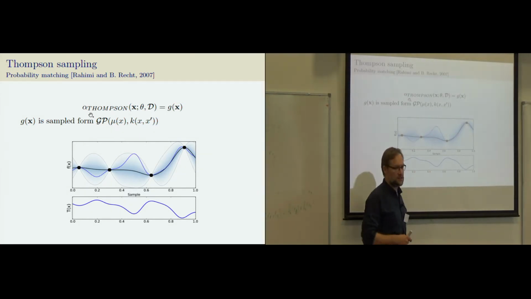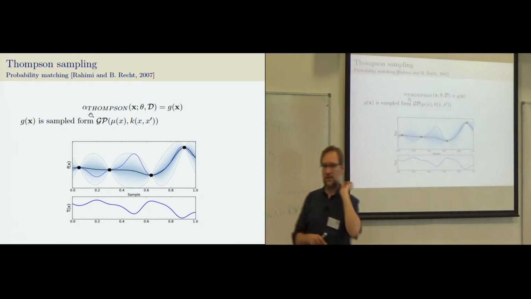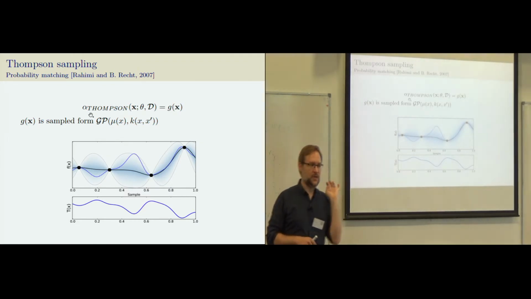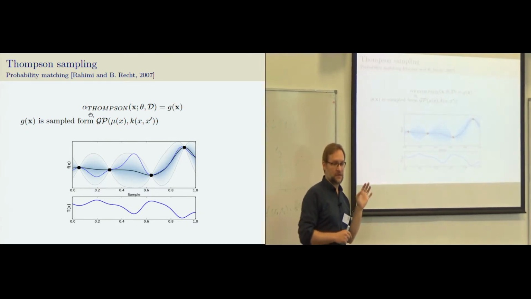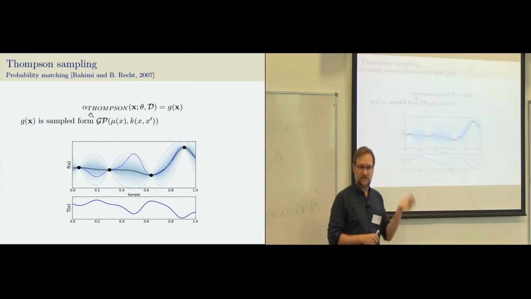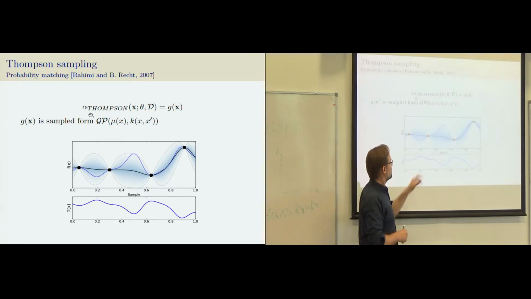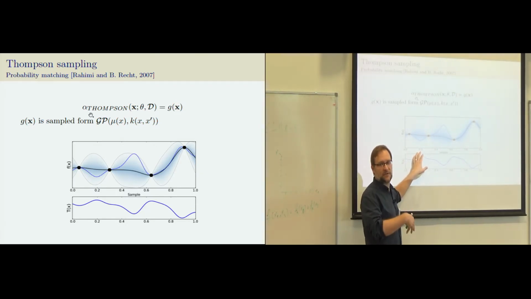And I take this as my next evaluation, right? So there is a difference between this acquisition function and previous acquisition functions that I have mentioned, which is that this is a stochastic acquisition function. If you draw a different sample from the GP, you are going to have a different location, right? But it still works very well in practice, and you see how it naturally encourages exploration and exploitation, right?